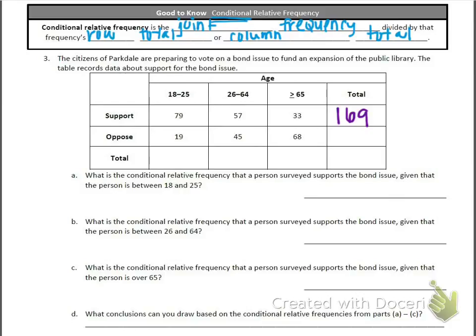Okay. So add up for me how many total people opposed the issue. So what is the marginal frequency of people who opposed the issue? What did you get? 132? Agree? Okay, so how many people total were surveyed? What was my grand total? 301?